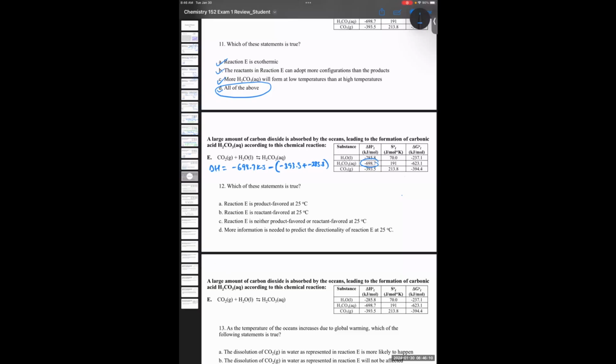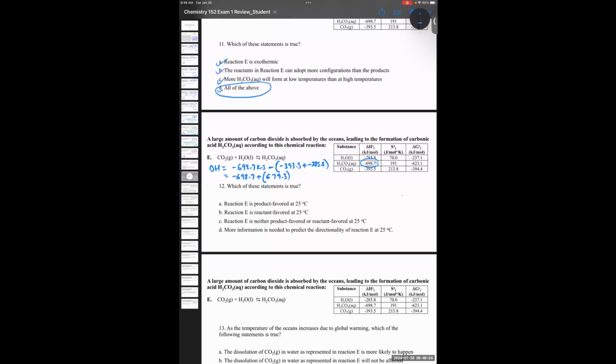So if you do that, you have minus 698.7, and this should be a positive value, 393.5 plus 285.8. This is a calculator, why not? That's 679.3.